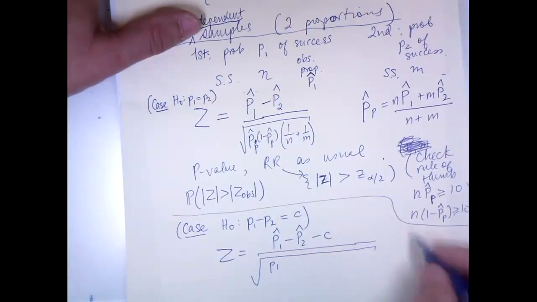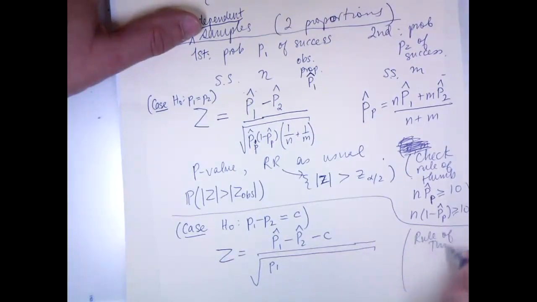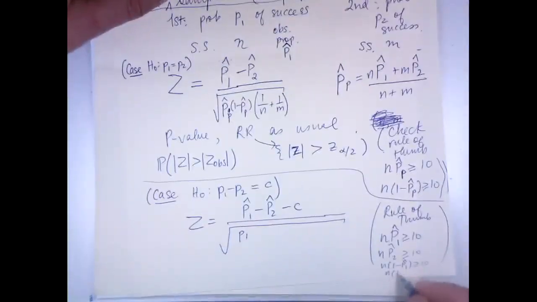If you don't have a pooled proportion, the rule of thumb is, of course, just a rule of thumb for whether the normal approximation is even vaguely correct. Then you're actually going to have to check it in both cases: n P1 hat at least 10, m P2 hat at least 10, and the failures at least 10 too. So that's a bit boring.